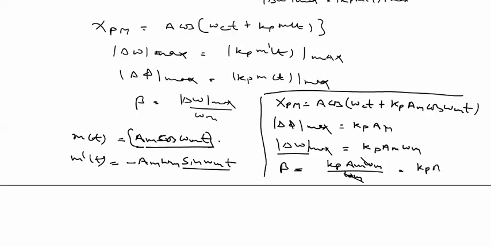In this case, the modulation index of PM does not depend on the modulating frequency, which is a very important difference between FM and PM. In FM, it depends on the modulating frequency.